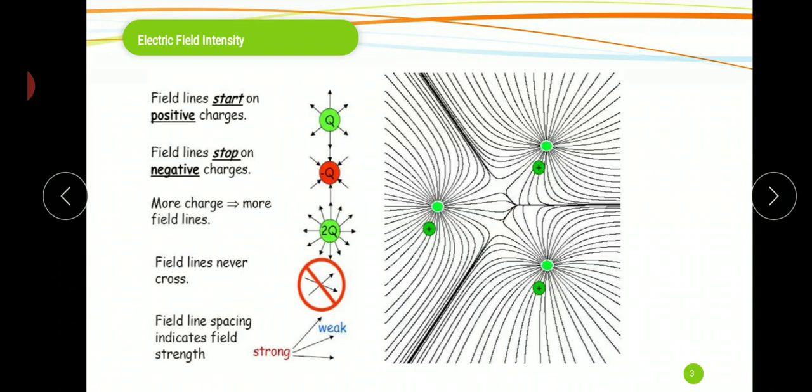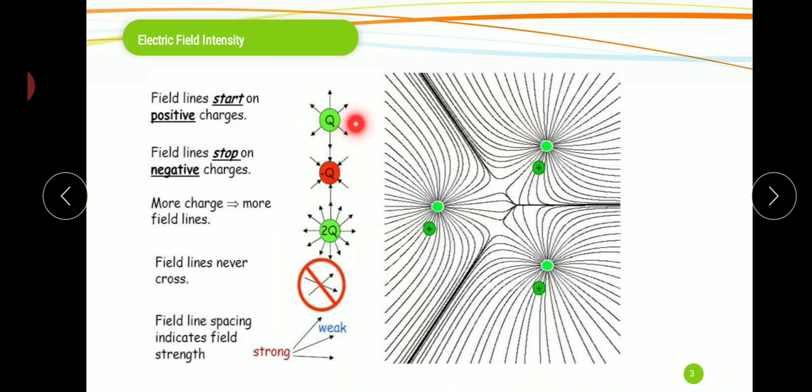And if we increase the number of charges, the field lines also increase. That means the electric field capacity around that space also increases. By observing this figure, the number of flux lines, meaning field lines, increases. Why? Because the charge increases.